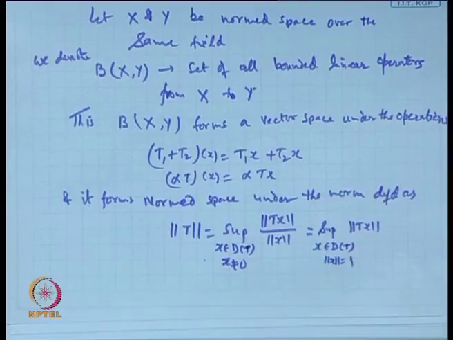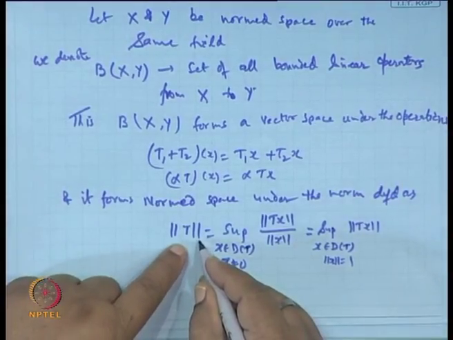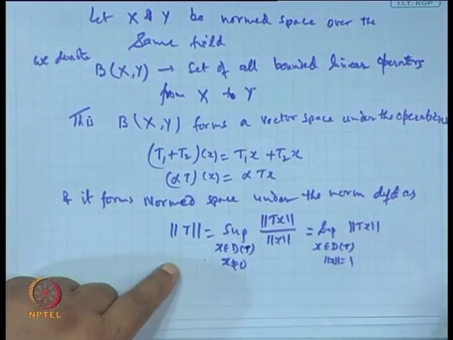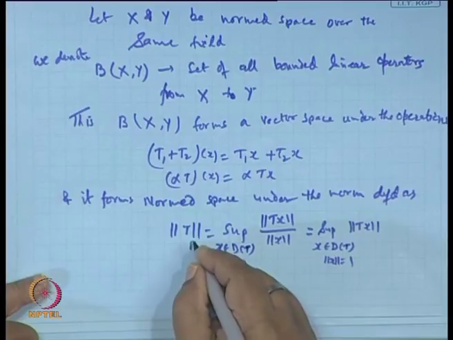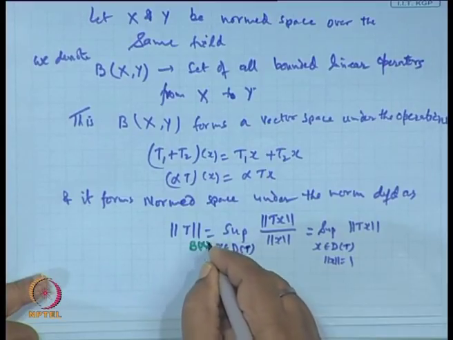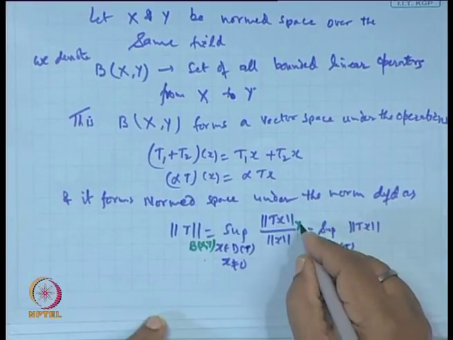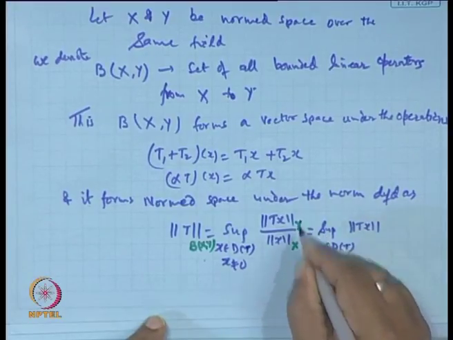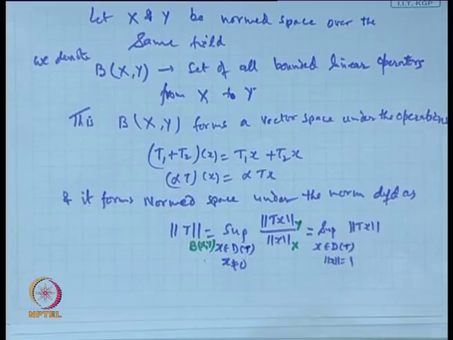Now, let me just clarify one thing. This is the norm on B(x, y), the norm of T. This is the norm on y. This is the norm on x. But writing it always this way is very clumsy, so we try to avoid it.